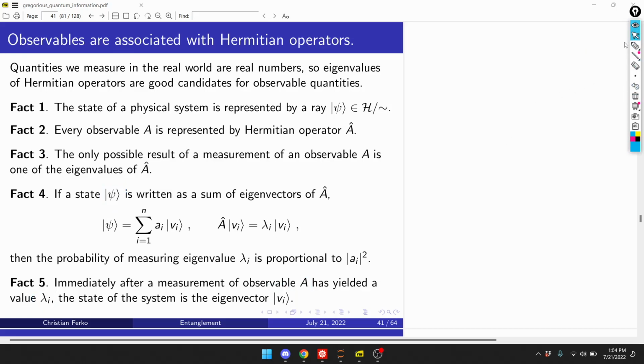Good question. Sorry, I was at the start of this slide. I think I was busy getting angry at Hollow, so I might have missed it if you said so. But was there an explicit way of thinking about this A hat, or is this just a Hermitian operator that we kind of know exists? Yeah, for each observable, on a case-by-case basis, you have to find out what A hat is.